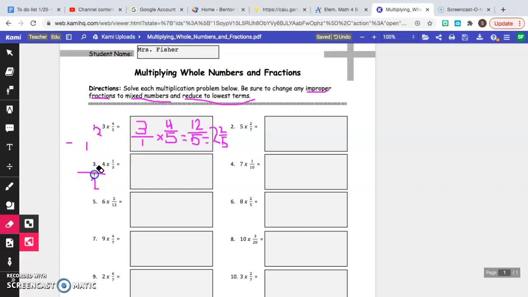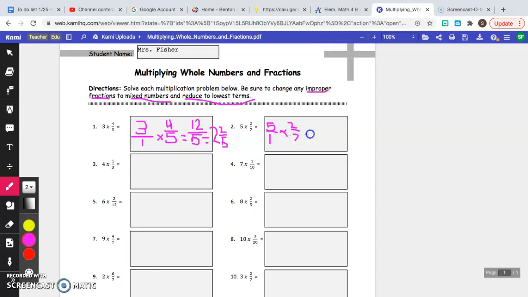All right. The next one, let's look at number 2. I'm going to say 5 over 1 because that's the first step, times 2/7.